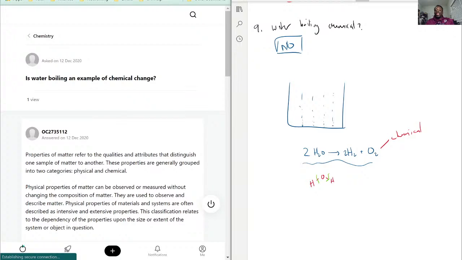So in this question, there is a chance of a chemical reaction happening while the water is boiling. But let's say you were heating it in a microwave, for example. That is still raising the temperature of the water.